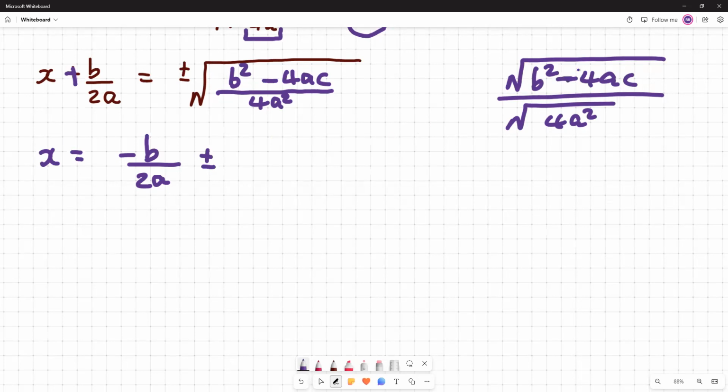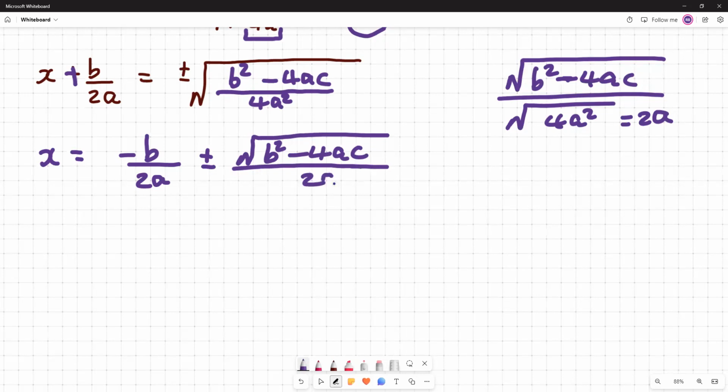So here, because there's a minus, we can't do anything. We'll just leave it like that, which is b squared minus 4ac. But this is a perfect square: 4 becomes 2, a squared becomes a, if you remove them from under the root. So this will be all over 2a.